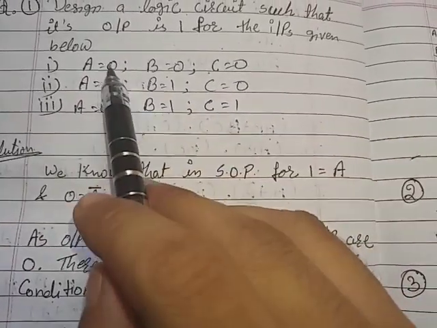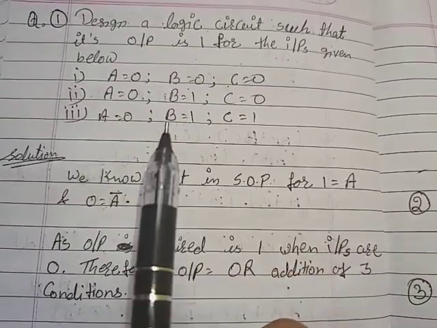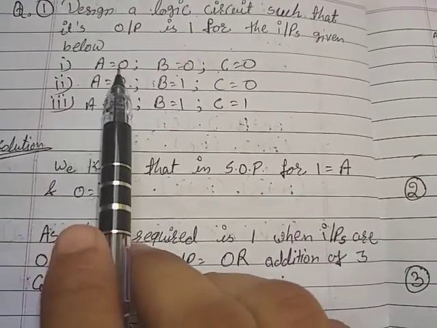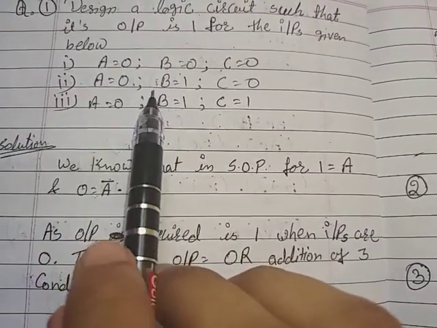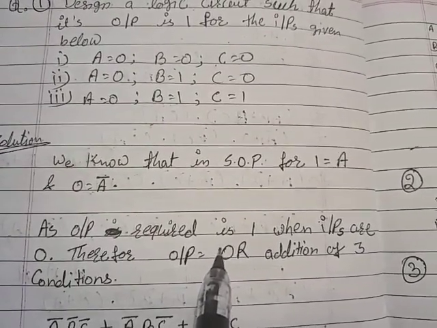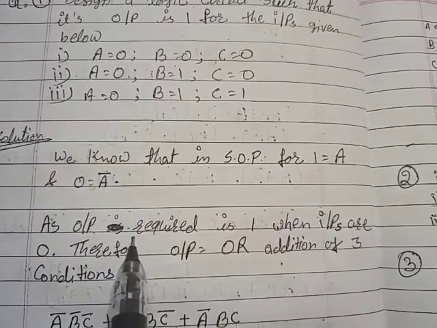If all the inputs are 1, then we can perform AND operation or OR operation, it is up to us. But when any input is 0, in that case we have to perform only OR operation, because OR says that if any one of the inputs is high, output is high.